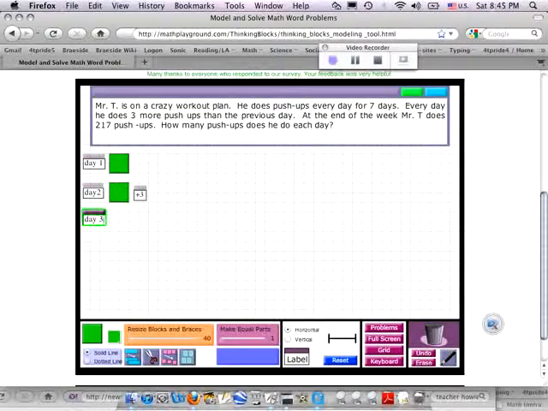Day 3 is going to be the same number, except now it's 3 more than the previous day. So if day 2, he did box plus 3, then on day 3, it's going to be box plus 6. And I think you're getting the idea here.